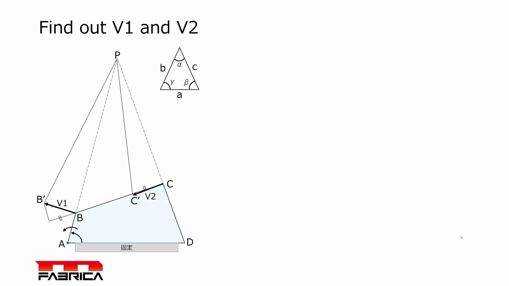So to calculate the velocities, we made two little sketches. The angular velocity of link BC, which is omega BC, is actually equal to V1 over PB, and also equal to V2 over PC.